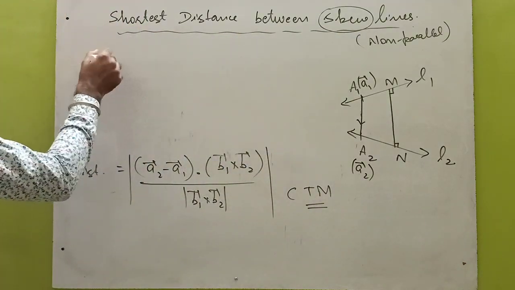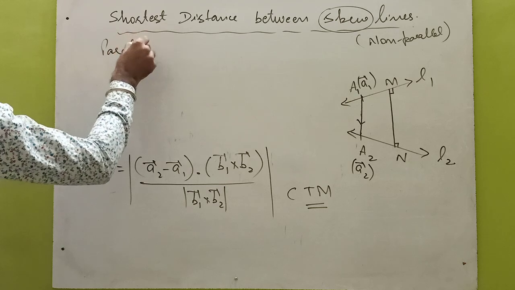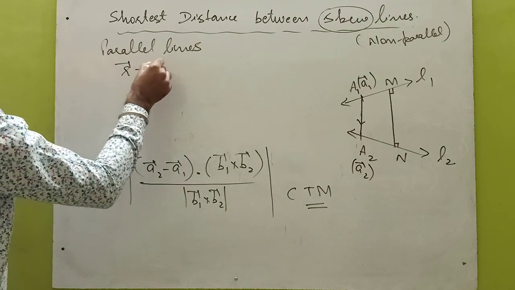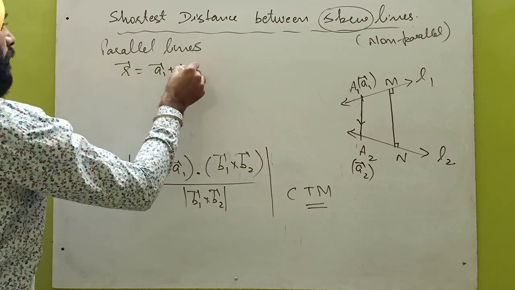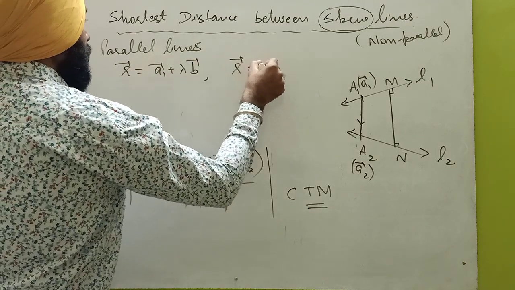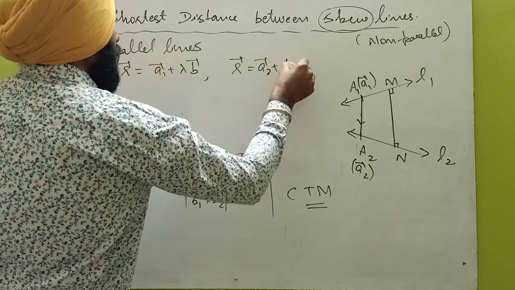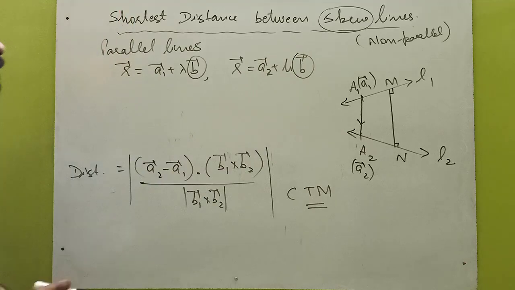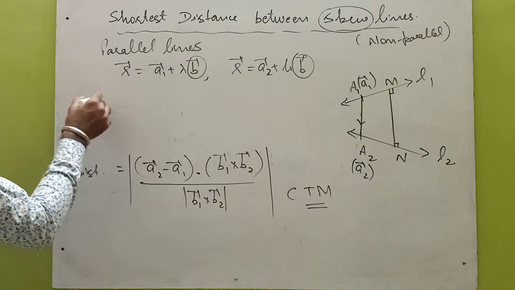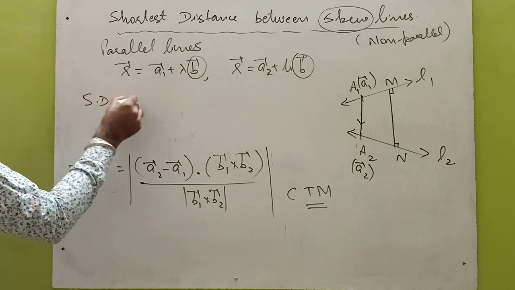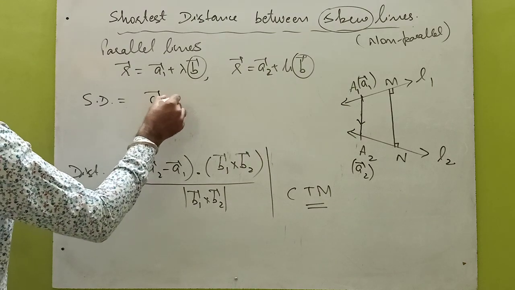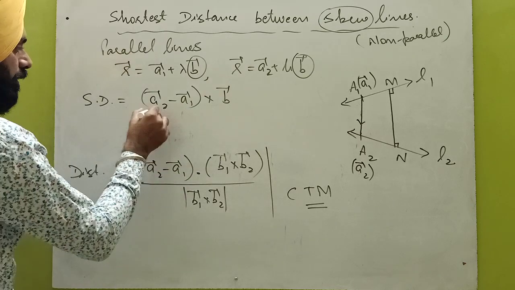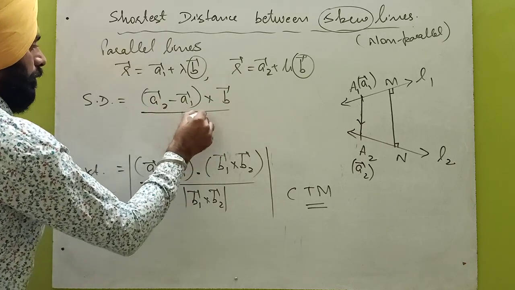Suppose that if the lines are parallel, then there will be a little change in the formula. If the lines are parallel, let us consider the first line is r = a1 + λb vector, and r vector is equal to a2 + μ times b vector. Then this b vector will be the same for those lines. Clear? Then the distance between these two is equal to the magnitude of (a2 minus a1) cross b vector divided by the magnitude of b vector.